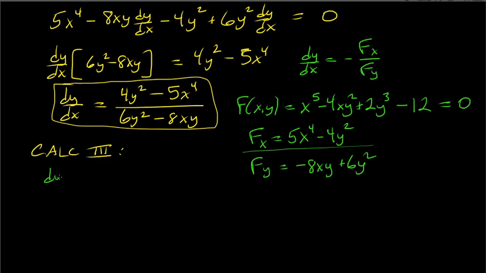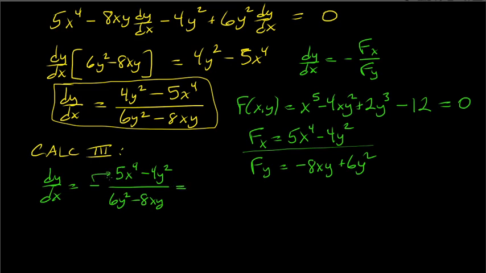So having done that, the derivative of y with respect to x is just negative 5x to the 4 minus 4y squared all over 6y squared minus 8xy. So you can see we get the same thing here.